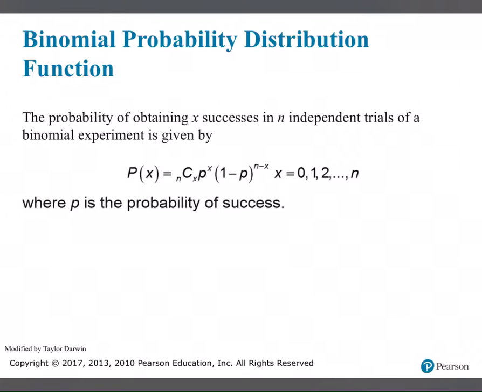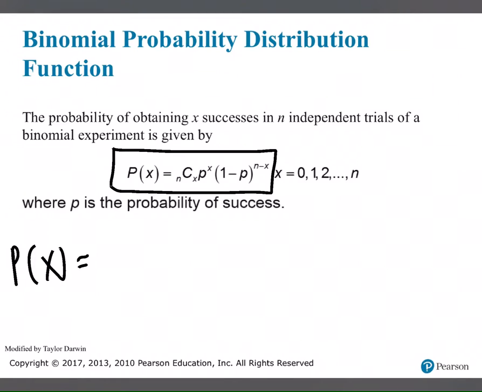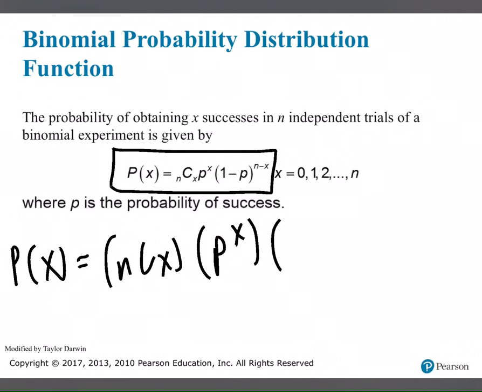Okay, so this is a very long, fun formula. This is how you calculate a binomial probability distribution, and so you're going to be using this. And I like to break it up. So P of X is nCx times P to the X times 1 minus P to the n minus x.